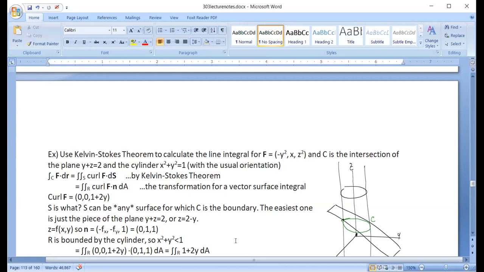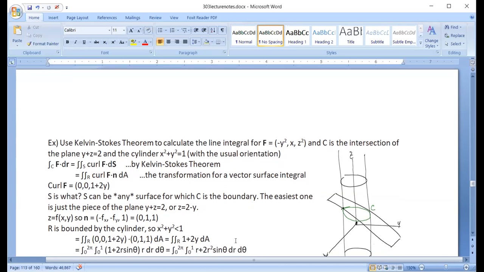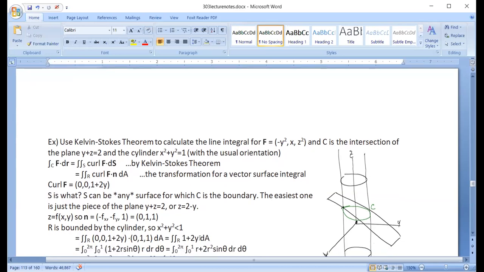Because the region itself is a disk, it's easier to do this in polar coordinates. So dA becomes r d theta, and the region is centered at the origin with radius 1, so r goes from 0 to 1, and theta goes from 0 to 2 pi.